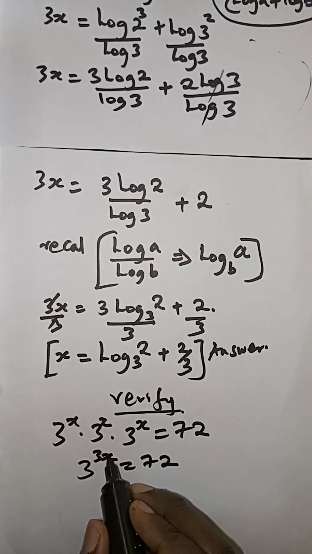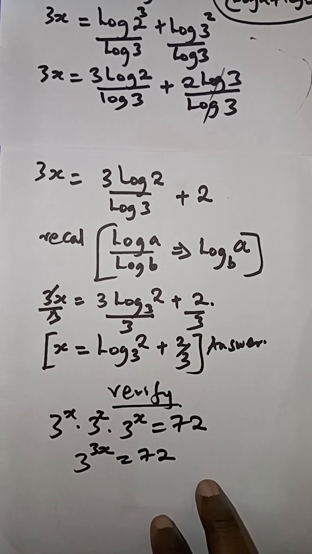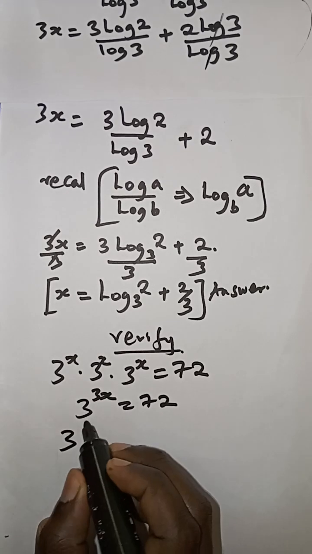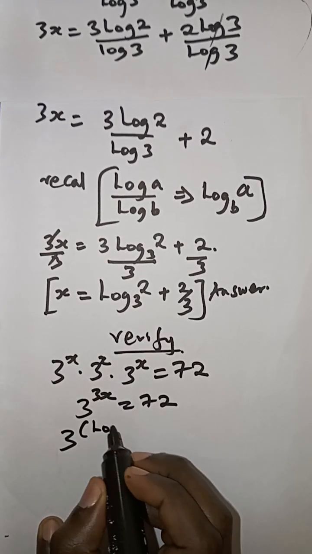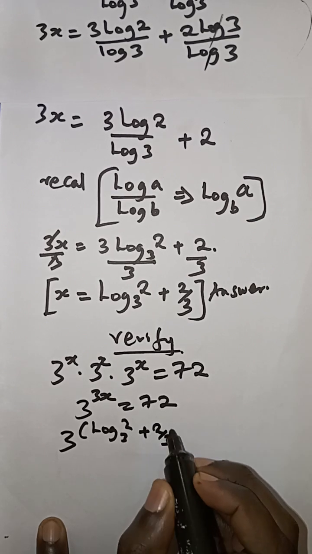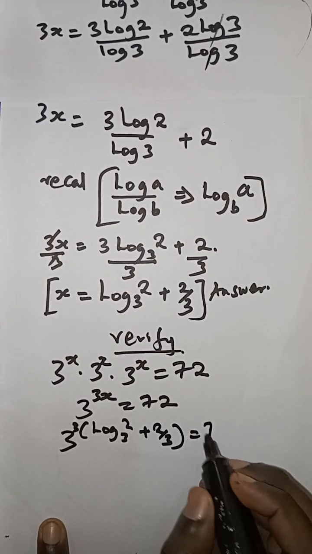So I'm going to substitute x here, and the whole of x is that. I end up with 3 raised to the bracket, the log of 2 base 3 plus 2 over 3, and of course there's a 3 outside, should give me 72.